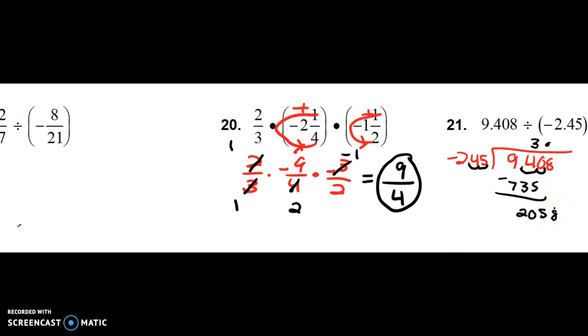And then you need to see how many times 245 goes into 2058. It goes in 8 times, just about. Let's see, 245 times 8 is going to be 1960. And for this one, I wouldn't make you go any further than that, just because that would be very nice of me. So you could just put 3.8 as your answer for that one.